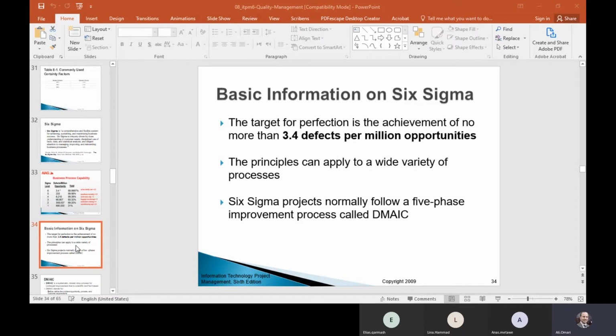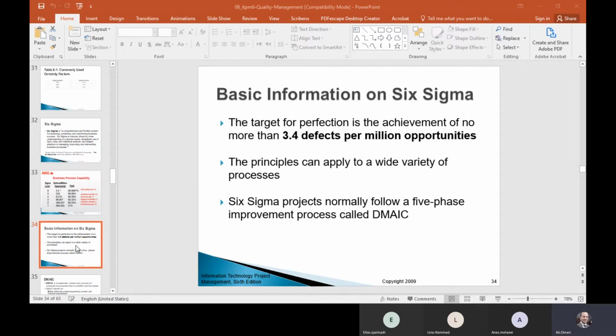You can pronounce it that way. It is synthesized by the first letter of each principle in the Six Sigma process. Define, measure, analyze, improve, control.